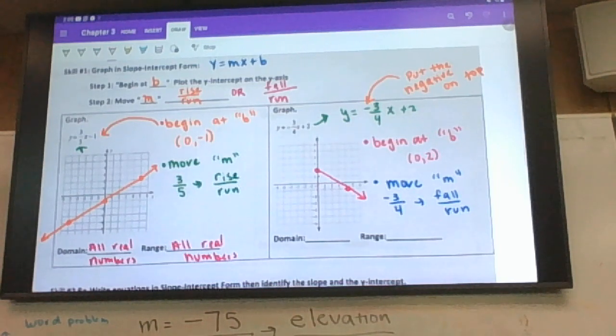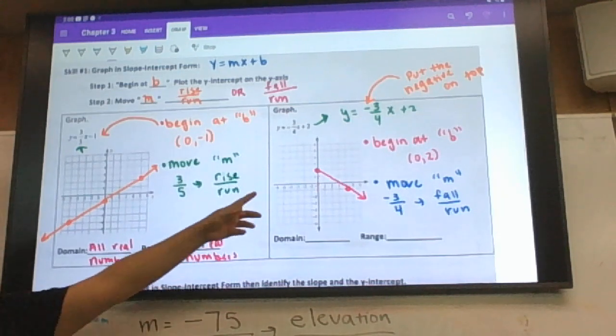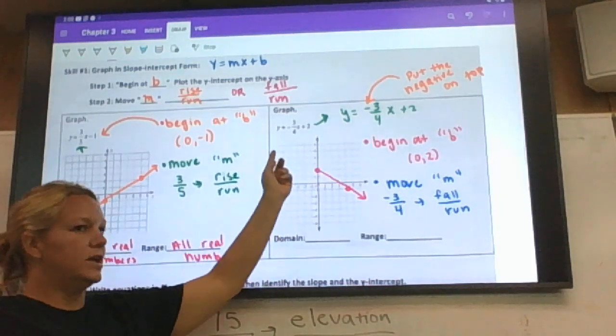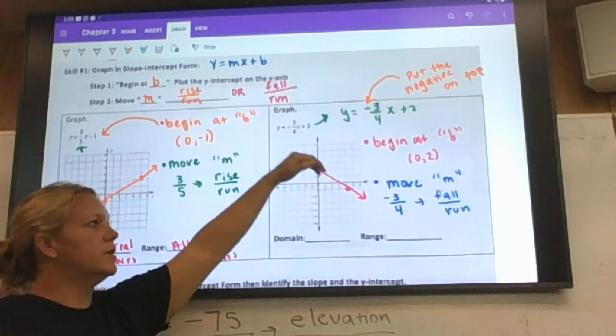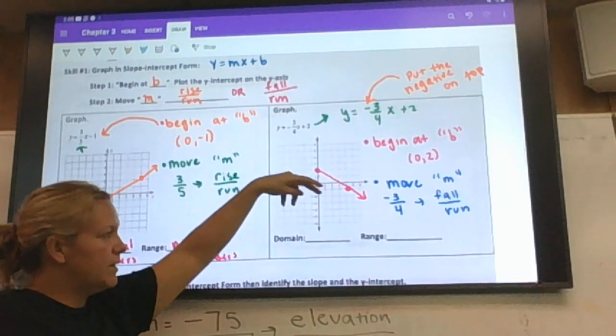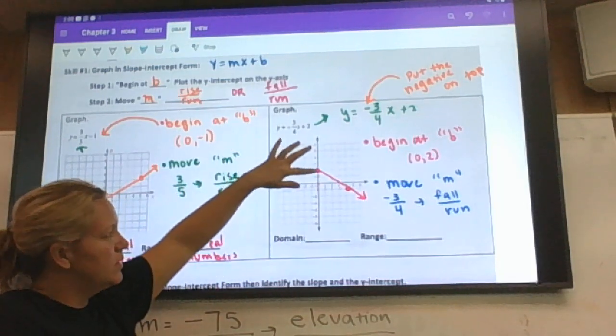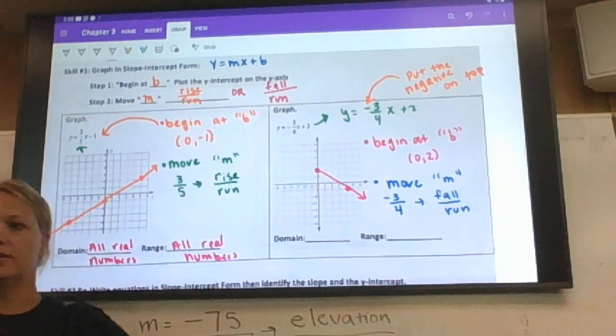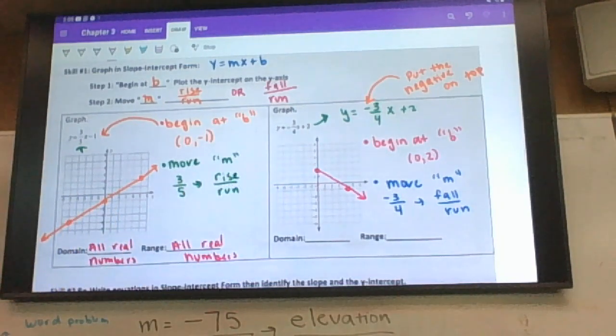And it's really not too advanced to only go one direction. You have to be able to match the pattern so that your line's going both ways. So I went down 3, right 4. Now I'm going to go the other way. I'm going to go up 3, left 4. Whatever pattern makes it a straight line both ways.